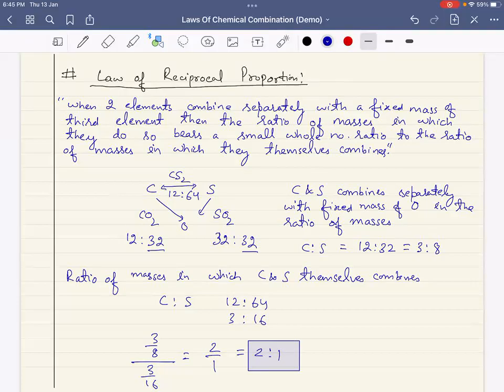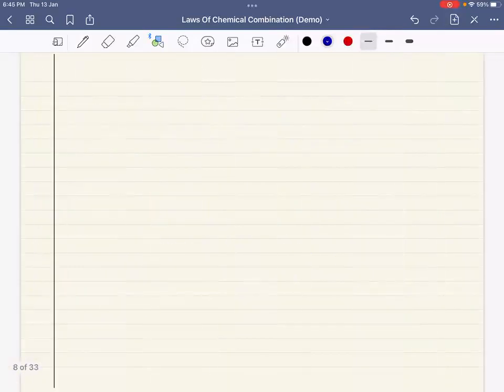Now, let me take one more example to make the understanding more clear. For example, sulfur and oxygen combine with hydrogen. If sulfur combines with hydrogen, it will form H2S, and if oxygen combines with hydrogen, it will form H2O. So in case of H2S, they will combine in the ratio of 2:32. In case of H2O, they will combine in the ratio of 2:16.